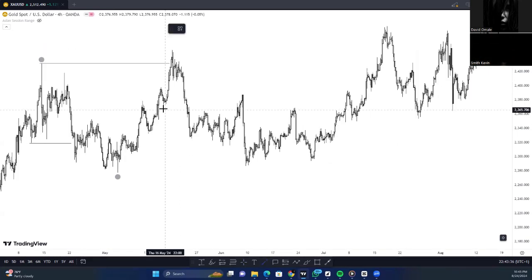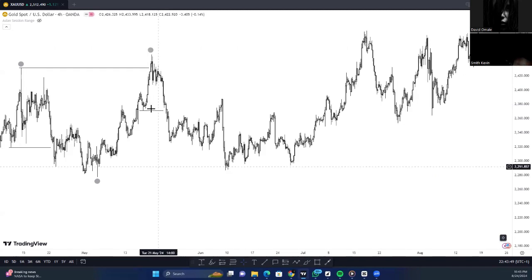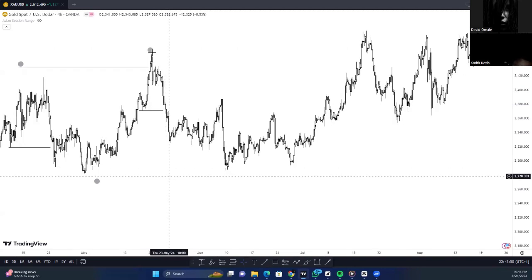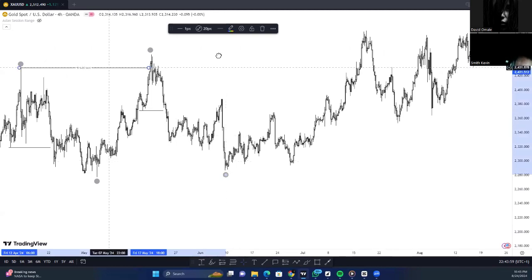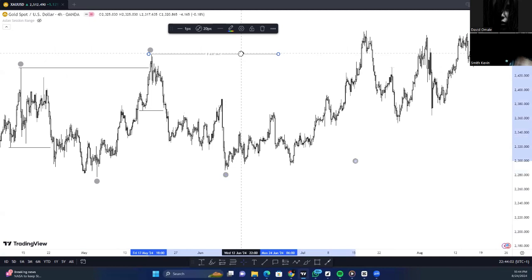Then we saw price coming back to take the recent low, making this place our new higher high. Then price pushed down. This is our higher low, after price broke this high, which was our previous higher high.